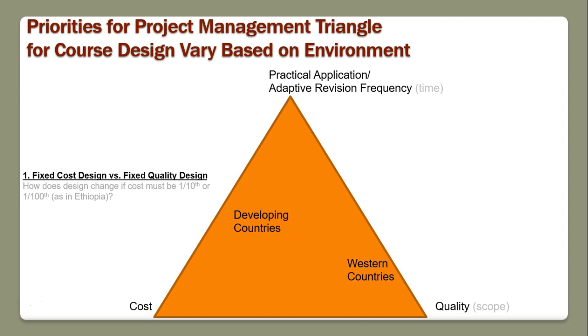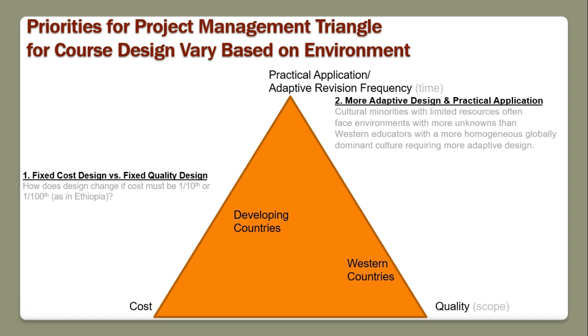But there are countries like Ethiopia where the average year of higher education costs $500, and you're probably going to change your design if your cost has to be 1/100th of Western higher education. That doesn't mean the quality has to go down in all aspects, but some of the aspects that Westerners believe are important may not be as critical.